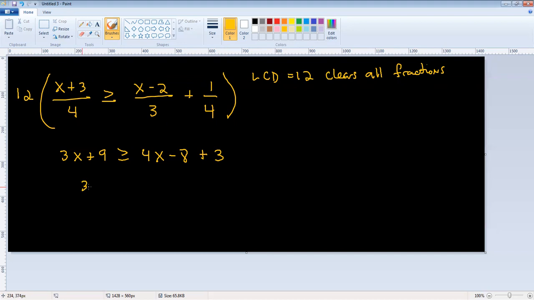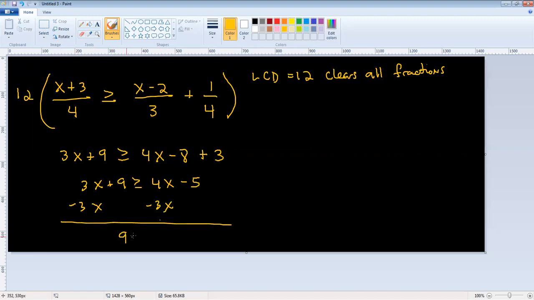Let's look here. 3x plus 9 bigger than or equal to 4x, what are these two together here? I think this is -5. -3x, -3x. So this is 9 bigger than or equal to x minus 5. If we add 5 to both sides, we will get 14 bigger than or equal to x.